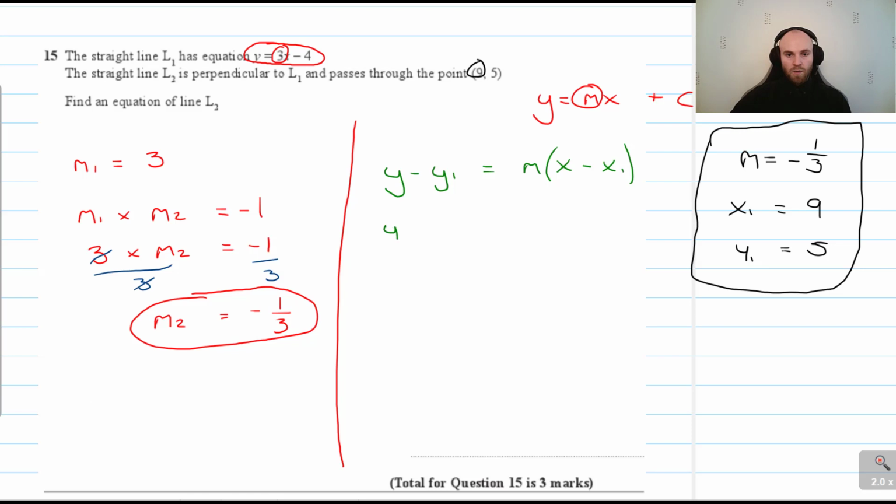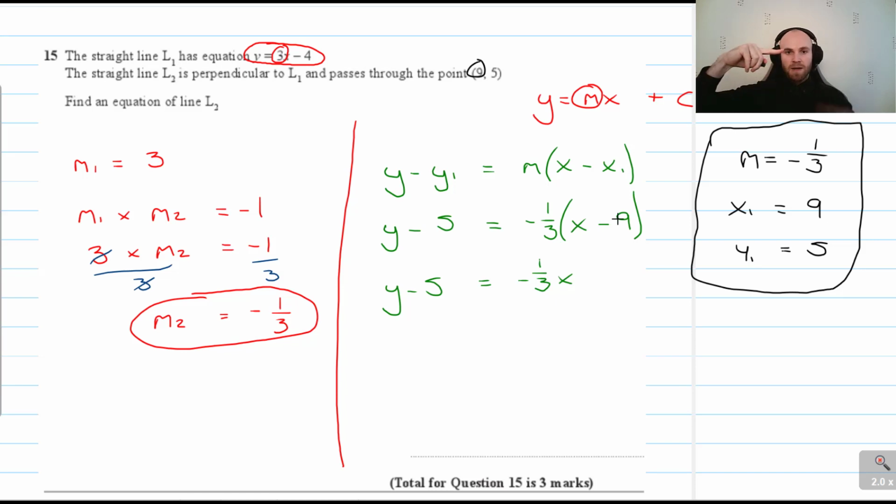So y1 is 5, y minus 5, m is minus 1 over 3, and x1 is 9. Let's tidy it up. Minus a third multiplied by x is minus a third x, and then minus a third multiplied by minus 9.